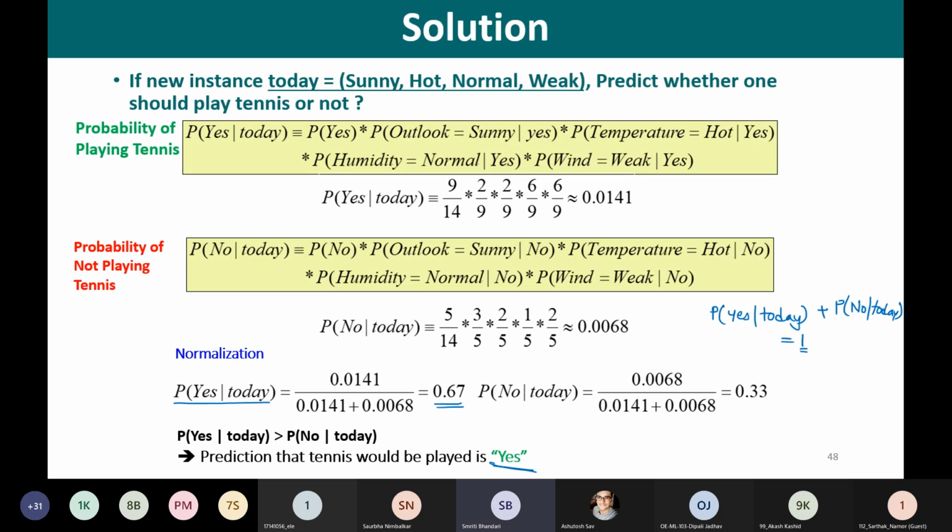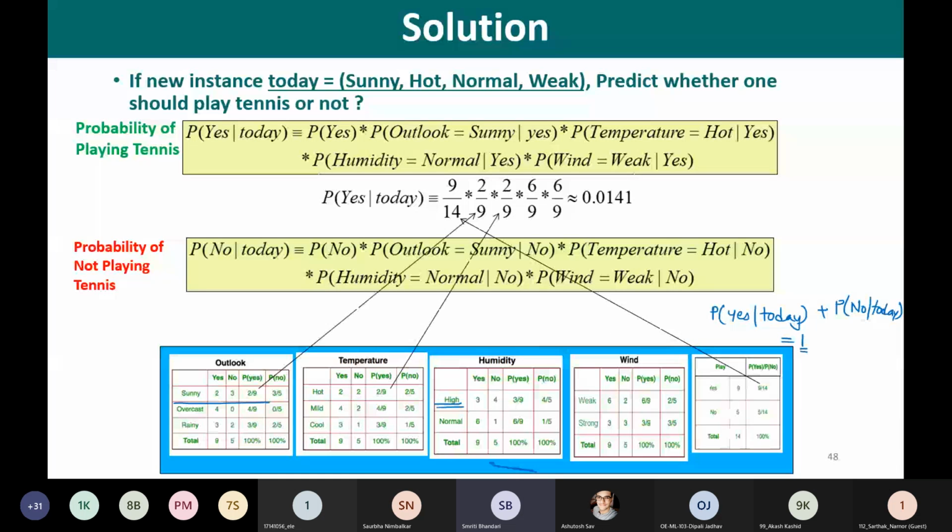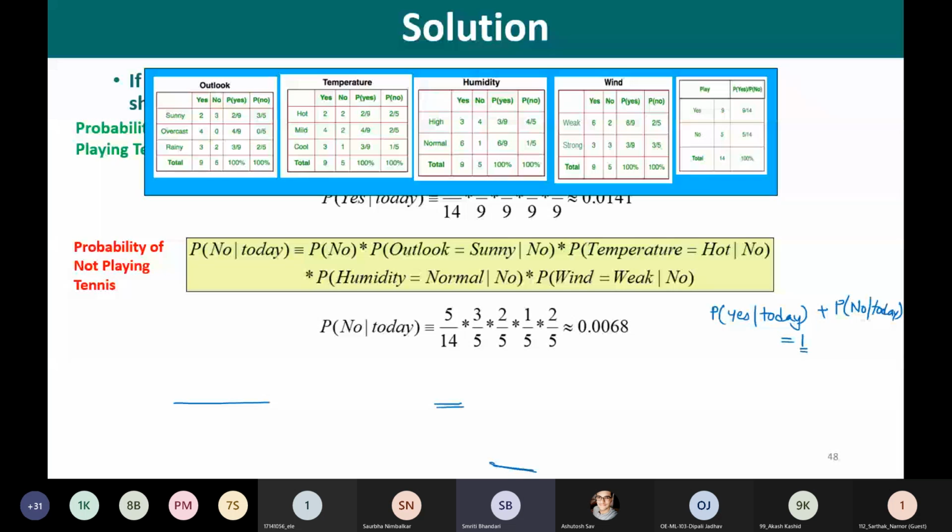Here we have the data that has been computed. So come up with probability of yes given day and probability of no given day, and predict. What is the instance day for which we would like to predict?